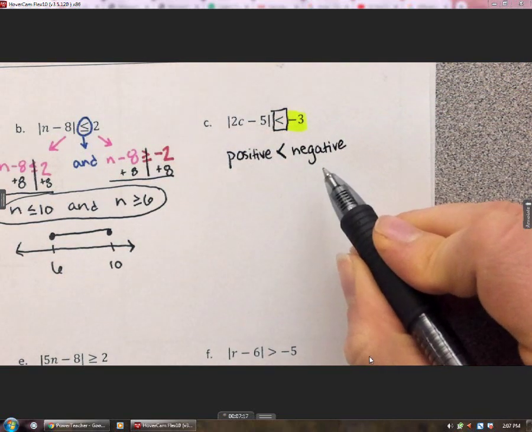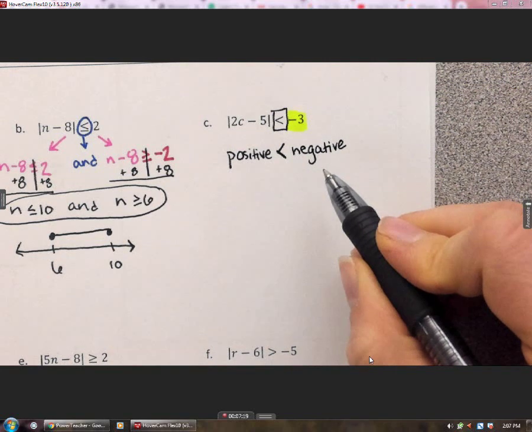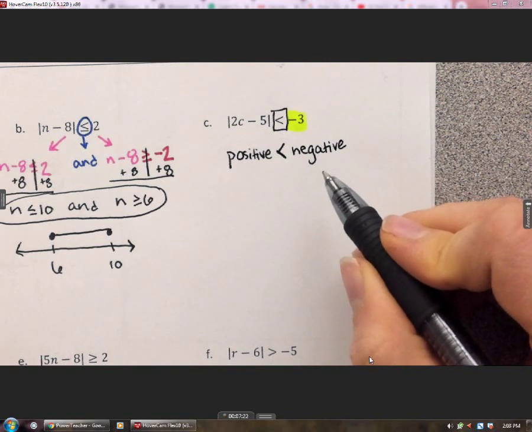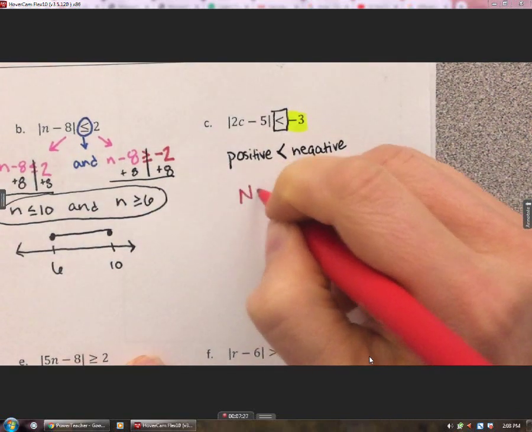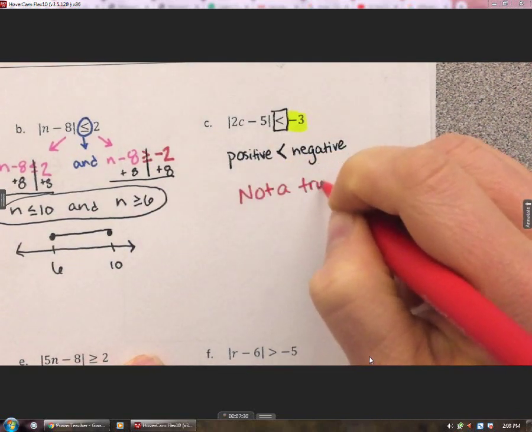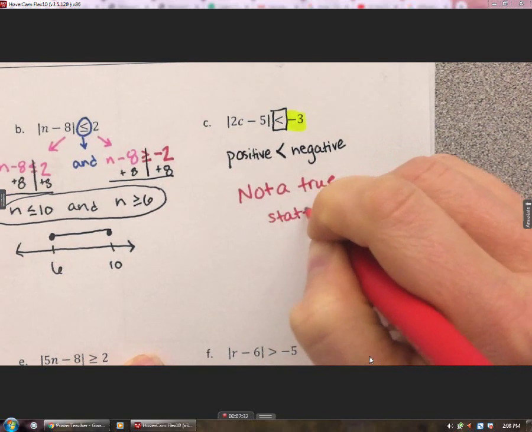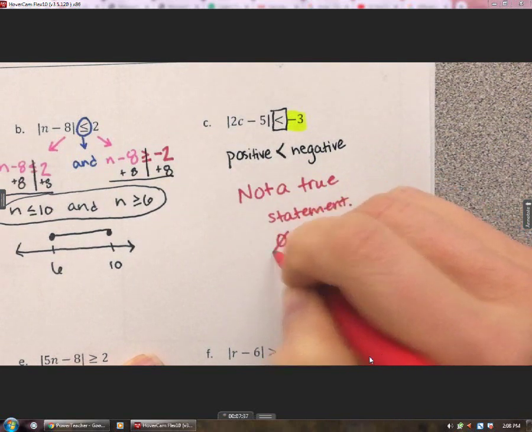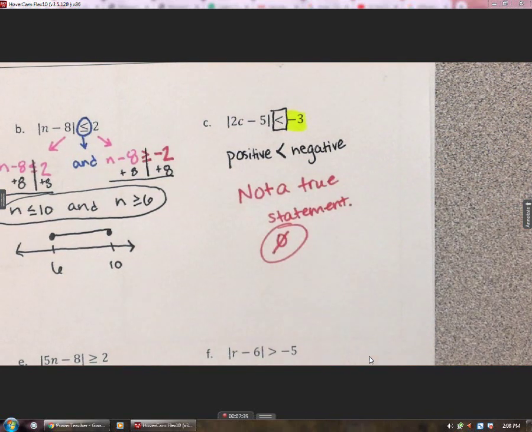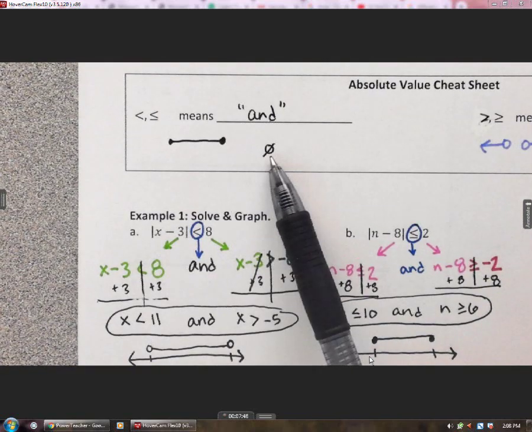Is this a true statement? No. Positive numbers can never, ever be less than a negative number. So this would be not a true statement, which means no solution. So ands are the ones that can have no solution. There is one like that on the homework.